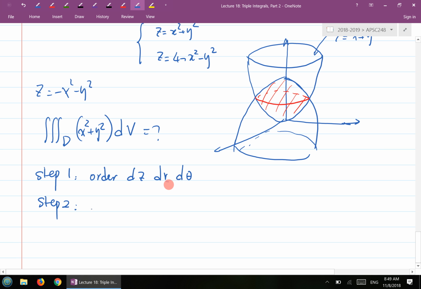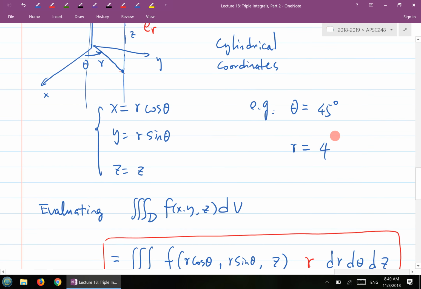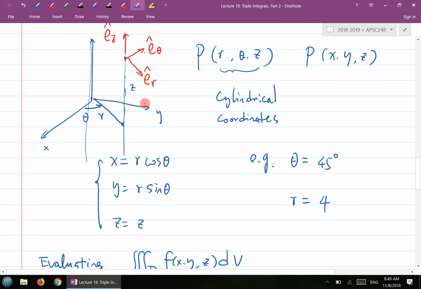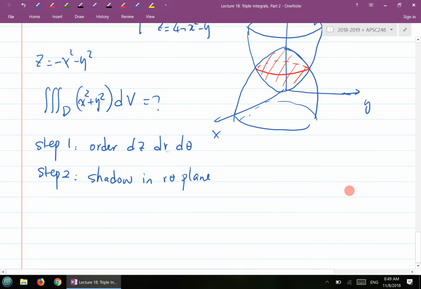The r theta plane is basically the xy plane here. Maybe more straightforward is to just think of it as the xy plane to find the r theta limits.